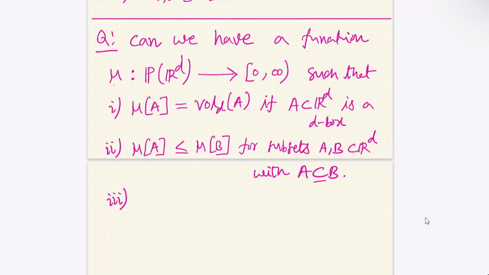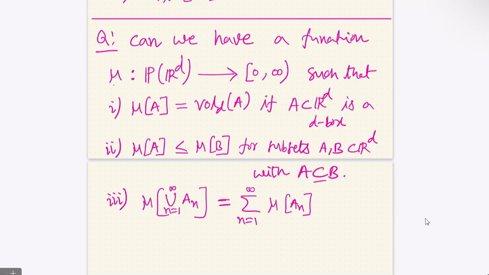The third one is mu of the union of An, n equal to 1 to infinity, must be equal to the summation over n equal to 1 to infinity of mu of each An, if the An's are pairwise disjoint.